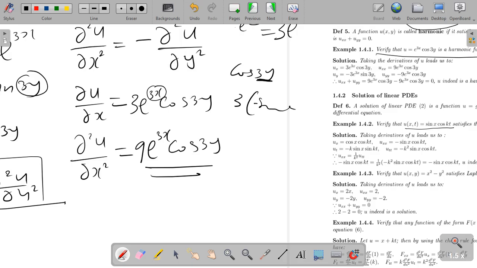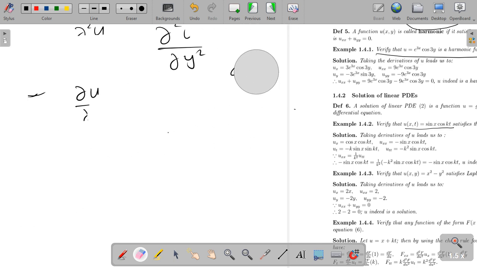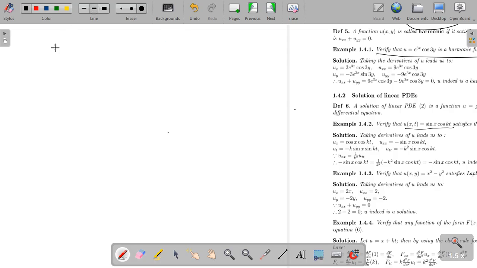So having this in mind, what we need to do is just to solve. So let us solve. They gave us that u is equal to sine x, then cos kt. Now we want to get partial u over partial x.